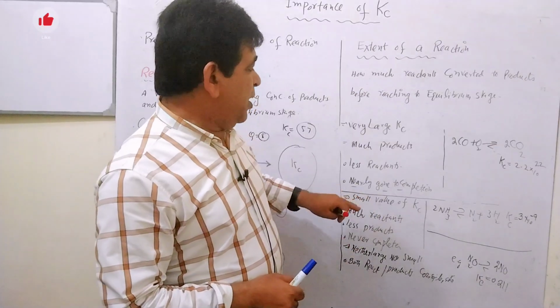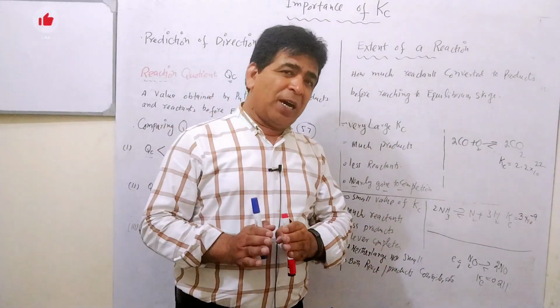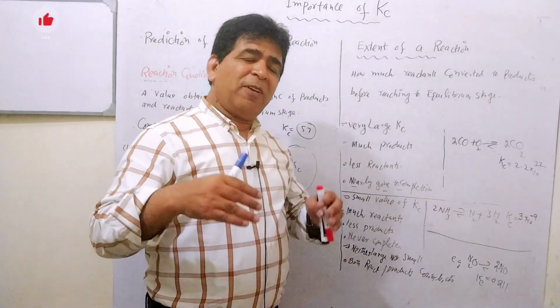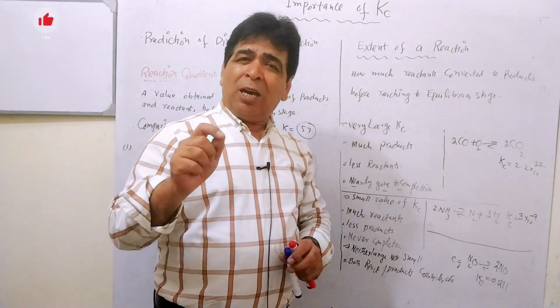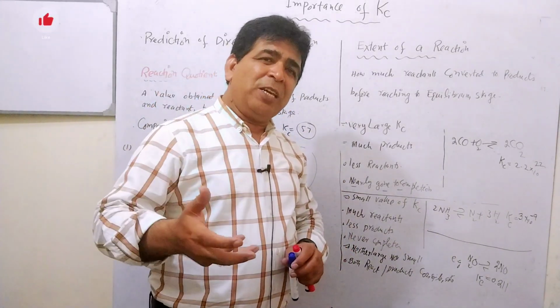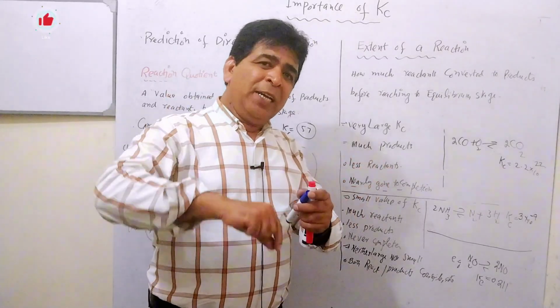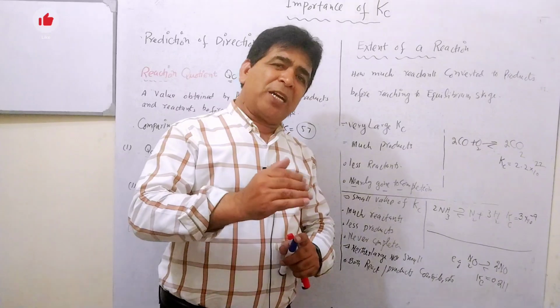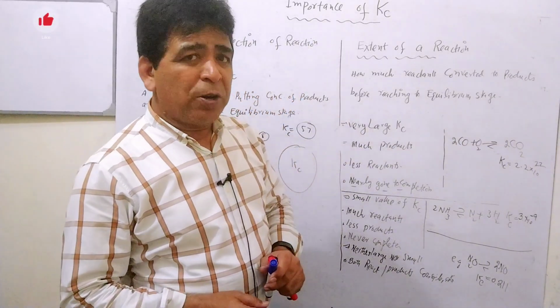And if the value of Kc is very small, it means that the reaction has gone to equilibrium stage very fast, at once. When the reaction started, it went to an equilibrium stage, and a very small amount of reactants were converted into products.